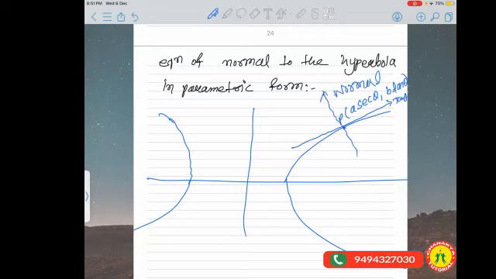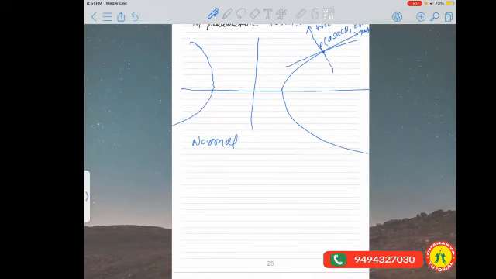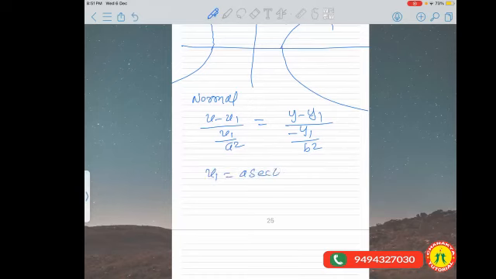So the equation of normal in parametric form: we know the normal equation in point form is x minus x1 upon x1 by a square equal to y minus y1 upon minus y1 by b square. So we need to put x1 equal to a sec theta and y1 equal to b tan theta and simplify.